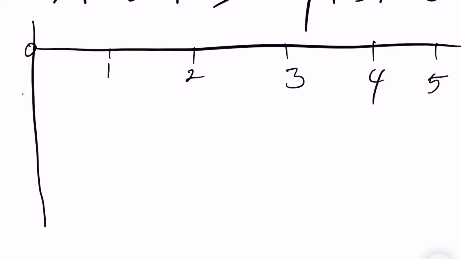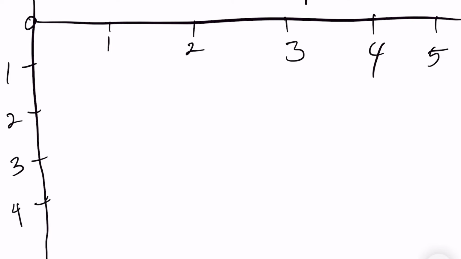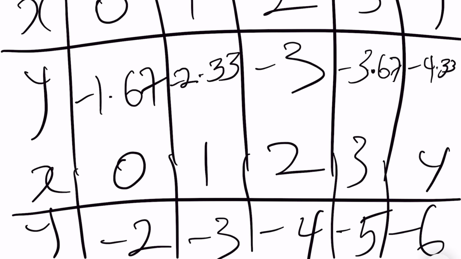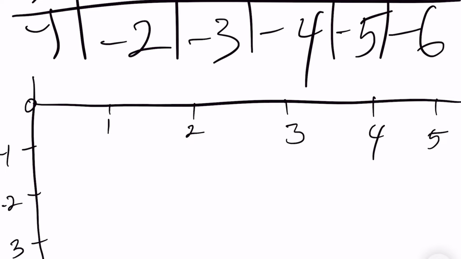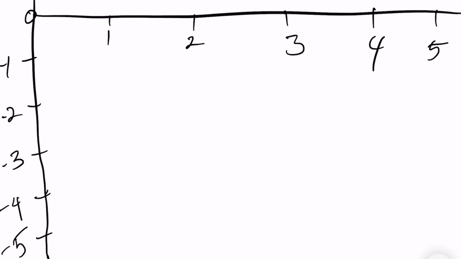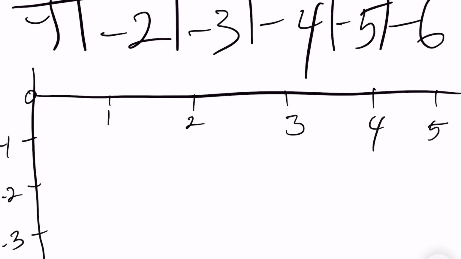So here we can just have it as 1, 2, 3, 4, 5, and 6. So for the first one, when x is at 0, we have it to be minus 1.67. Minus 1.67 to be around this side.